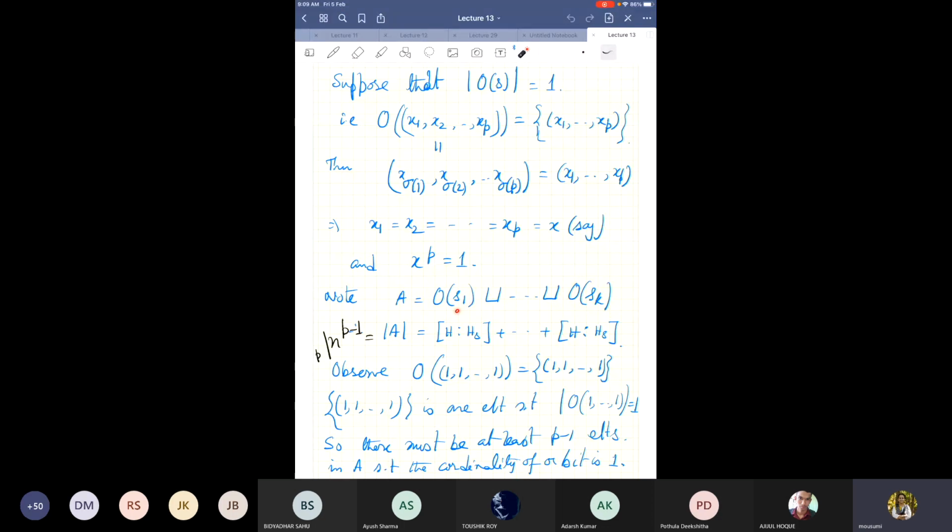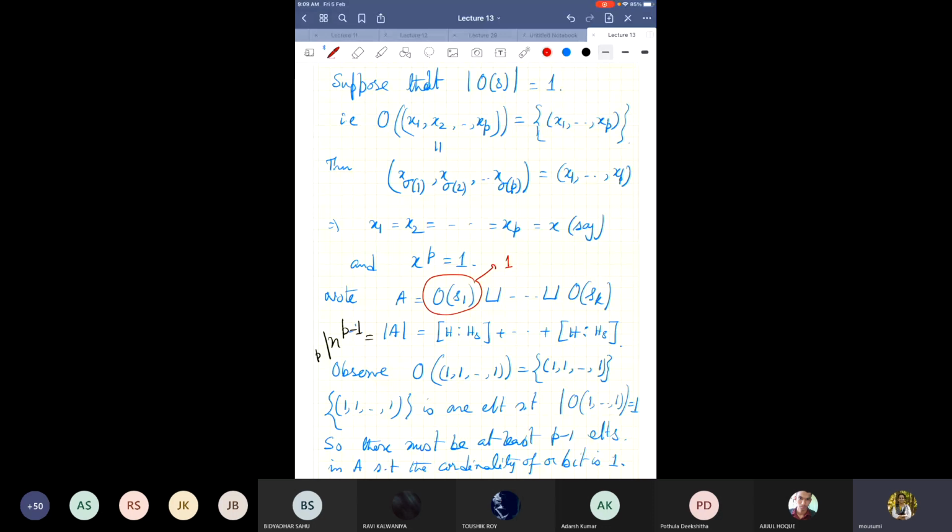Either 1 or P. If I consider just the identity element, then what will be the cardinality of its orbit? 1. So that means one of these orbits will be the orbit of the identity element, and the cardinality of that set will be 1.